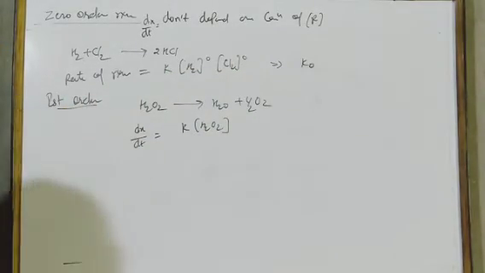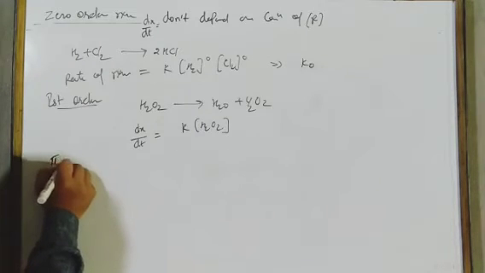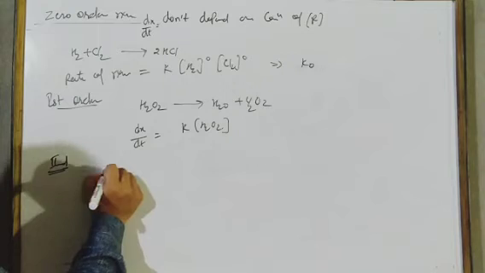Example of first order reaction is dissociation of hydrogen peroxide. Similarly, the example of second order reaction is dissociation of hydrogen iodide into H2 and I2. Clear? And rate of reaction will be equal to K HI power 2.